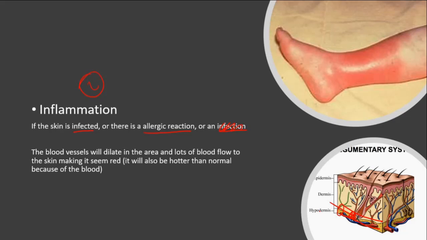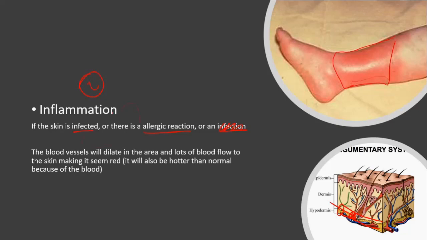So what happens in turn is that you get lots of blood collecting in that area, and because oxygenated blood is red, the whole of your skin becomes very, very bright pink or red.